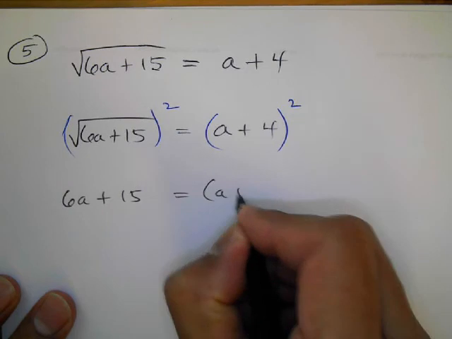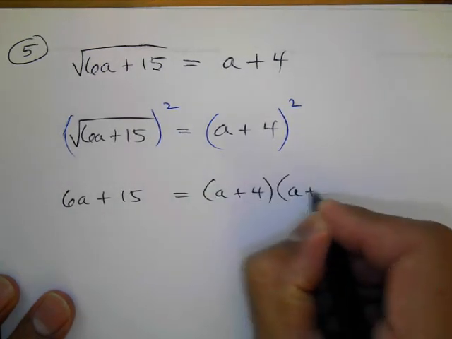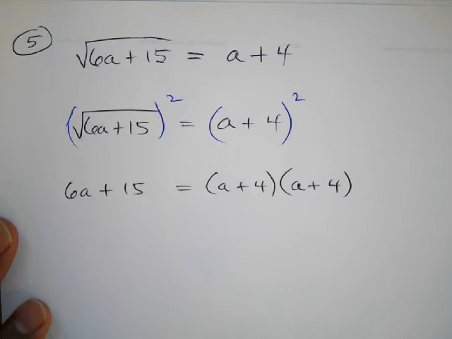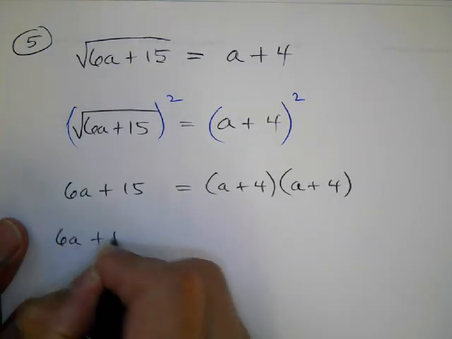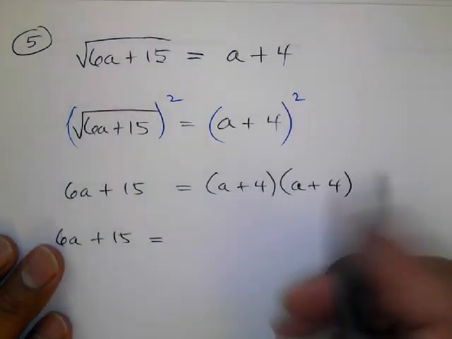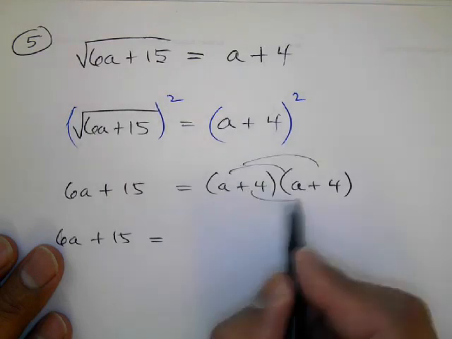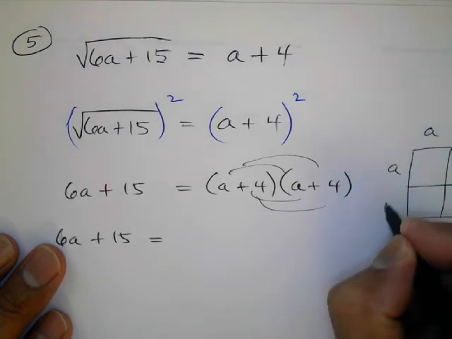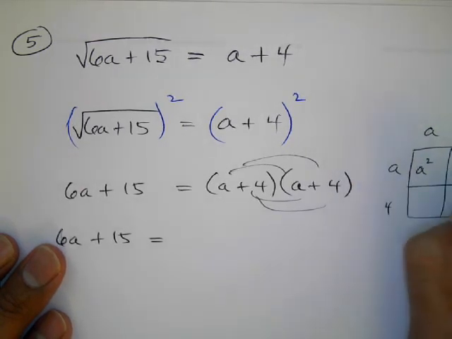So this will free up and you'll just get 6a plus 15. But on this side, a plus 4 squared means what? It means a plus 4 times another a plus 4. So that's going to be 6a plus 15 equals, how do you multiply these? You got to FOIL it out like this or do the box method.